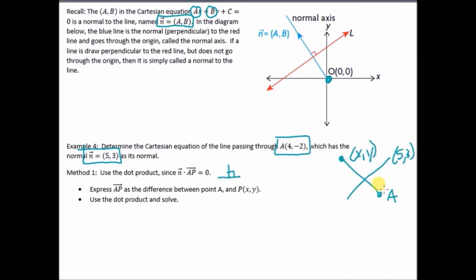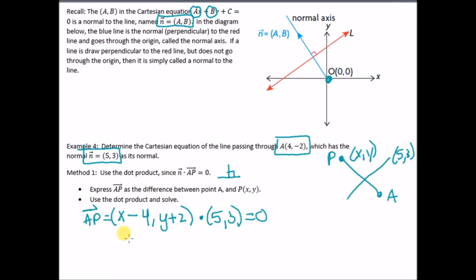So first let's find the direction vector from A to P. AP is simply going to be (x minus 4, y minus negative 2), so y plus 2. That's going to be our direction vector, AP. Now, if we dotted that direction vector with the normal (5, 3), it should equal 0 because they're perpendicular.